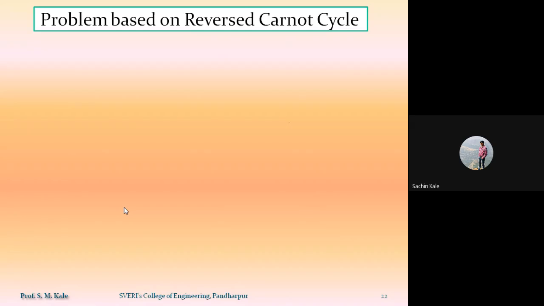In terms of heat, what will be the formula for COP of refrigerator working on reverse Carnot cycle? Bhushan has told us the formula for COP in terms of temperature: T1 divided by T2 minus T1. If I want to write the formula in terms of heat, what will it be?